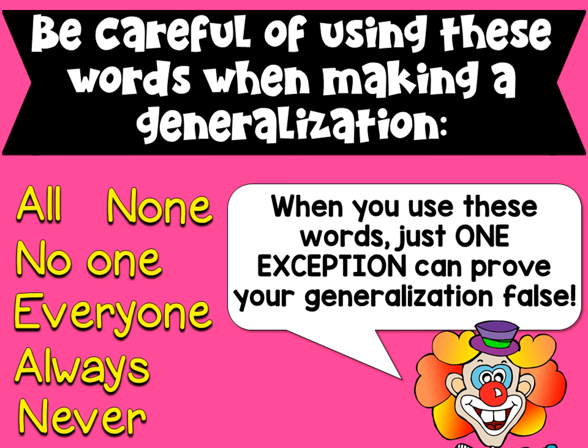Be careful of using these words when making a generalization: all, none, no, no one, everyone, always, never. When you use these words, just one exception can prove your generalization false.